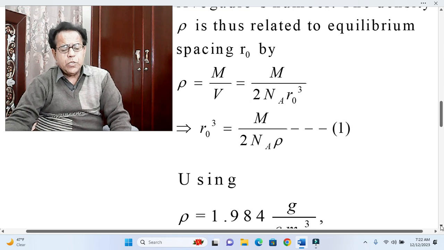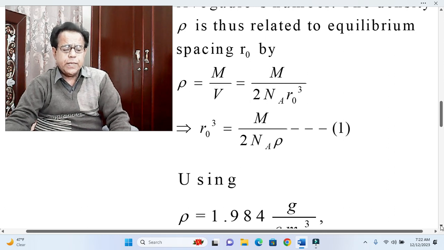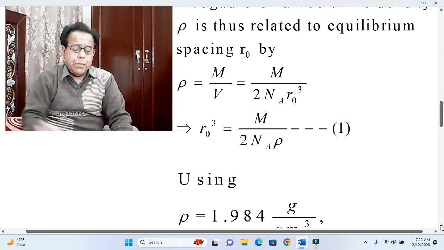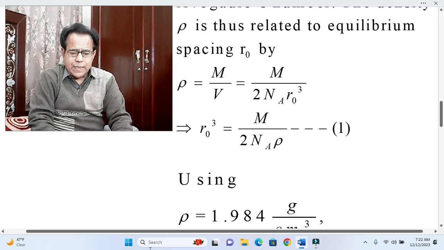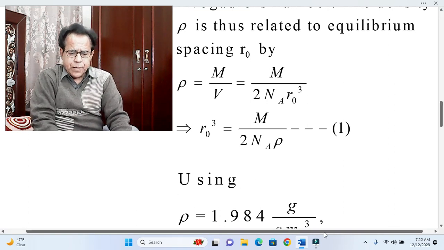So R naught cubed will be equal to M over 2 N_A rho. We have given equation number 1 to this expression, and this expression is the only tool which will solve our problem absolutely.